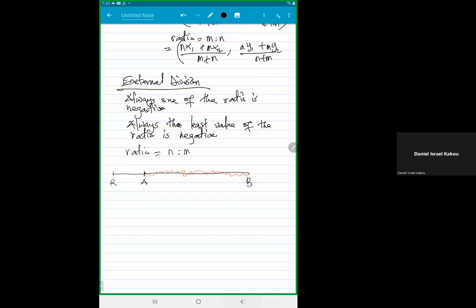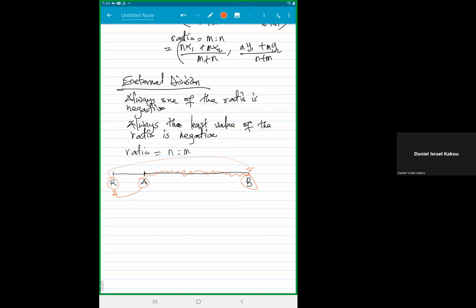Now, always the measurement of the ratio starts from the first point, which is A, matches to the division point, which is R, then continues to the last point, which is B. So if I want to know the external division of A and B, which has been divided by R, even though the point R is not on the line AB, hence the name external division, right?